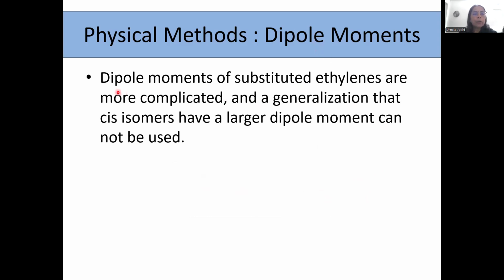Now, here one point to be noted. Dipole moments of substituted ethylenes are more complicated, and the generalization that cis isomers have a large dipole moment cannot be used. Why? Because if this is a substituted ethylene, this is H, and here there is a huge group with a substituent.